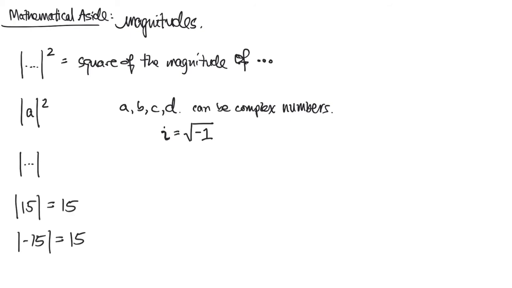And if you have a number that is a combination of a real number and an imaginary number, in general, we call that a complex number. Now, we'll come back to complex numbers in the future as needed, but for now, I just want to point out that these magnitudes allow you to get a real, positive quantity, even if the term in the vertical bars is a complex number. You can still get a positive real quantity out of it.